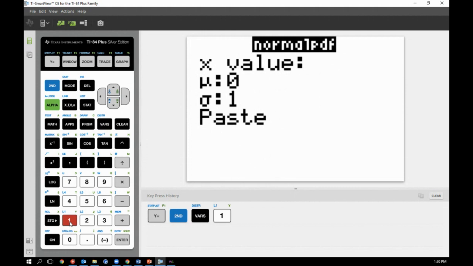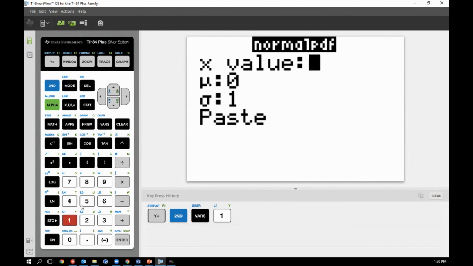Okay, so in your case, you can actually enter exactly at that point what's on the handout. So the X, comma, 20. If it doesn't give you this wizard and it just comes up and says Y equals normal PDF, then you can actually enter exactly what's on the paper: X, comma, 20, comma, 30.